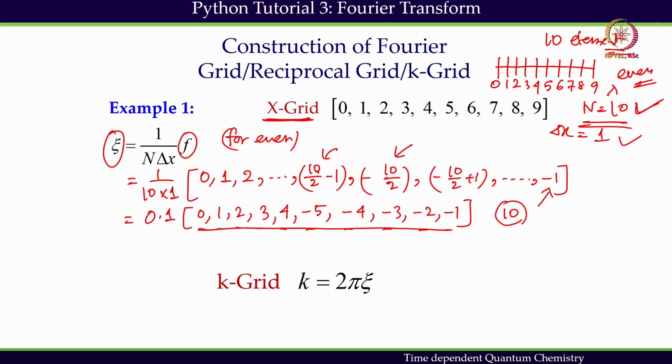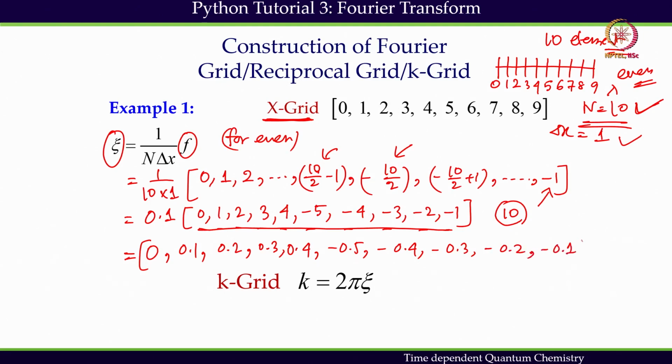So, finally, what I get is the list of frequency components: 0, then 0.1, 0.2, 0.3, 0.4, then minus 0.5, minus 0.4, minus 0.3, minus 0.2, minus 0.1. This is what we get.